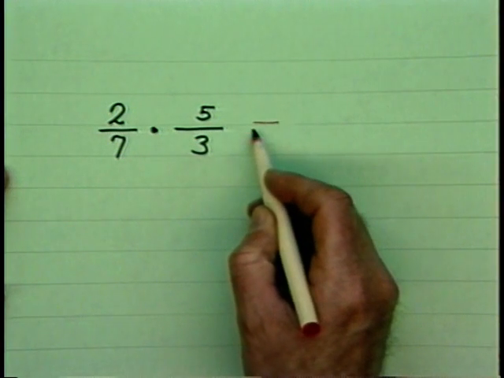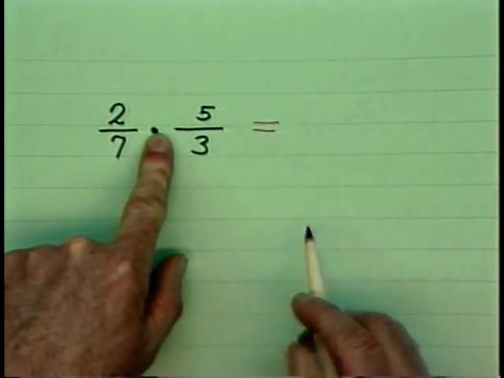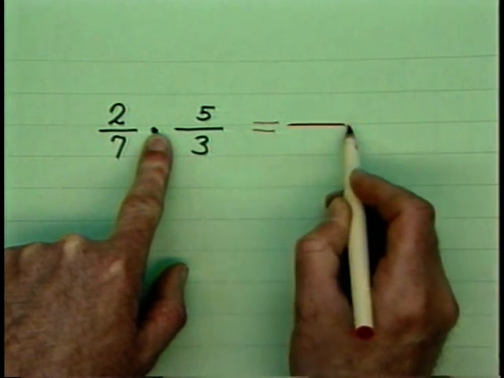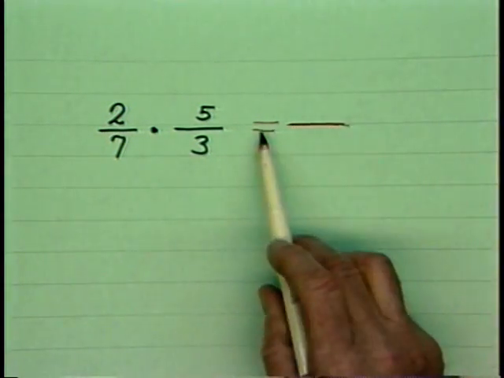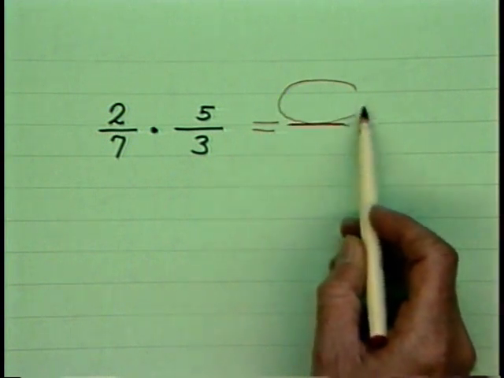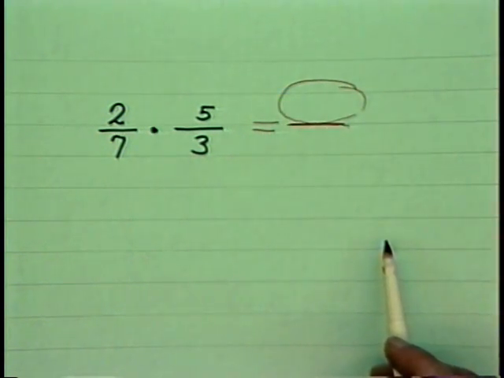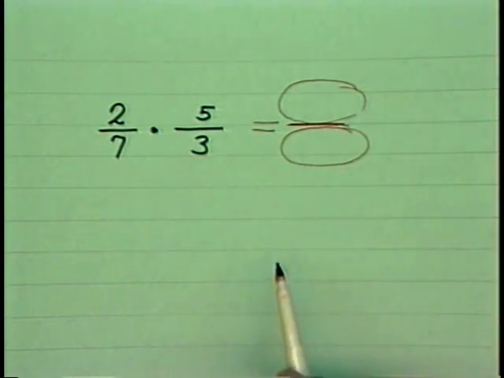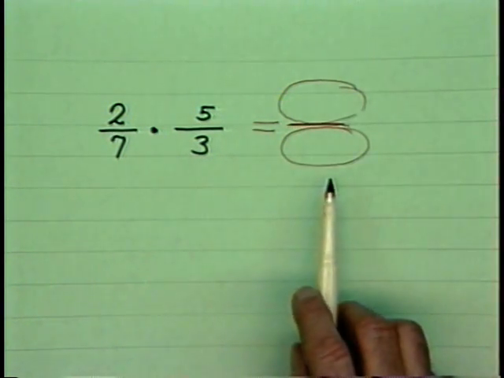And we simply defined the multiplication of fractions as the dual question really of asking, if my answer is a fraction, what's going to be the top or numerator of the fraction, and what's going to be the bottom or the denominator of my answer fraction.